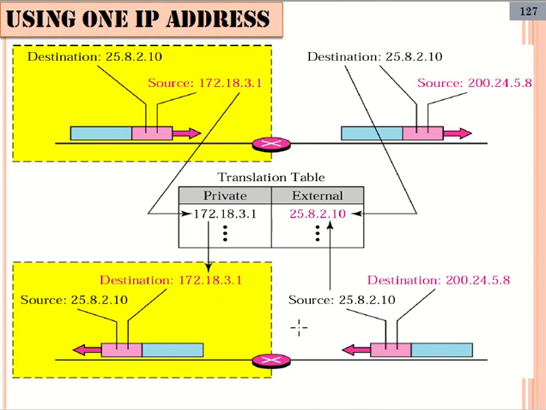So it will come to this NAT router. It will see what the corresponding mapping address is. The corresponding mapping address is 172.18.3.1. To that it is going to forward the packet.